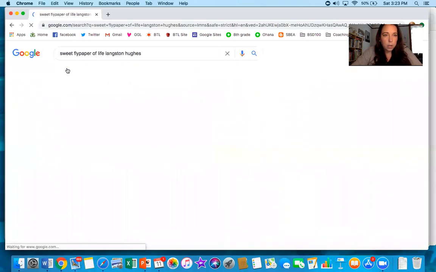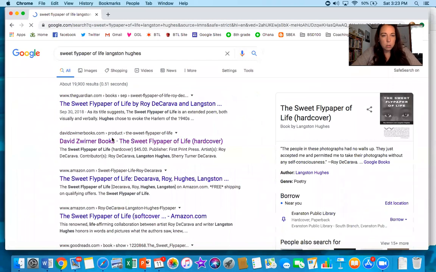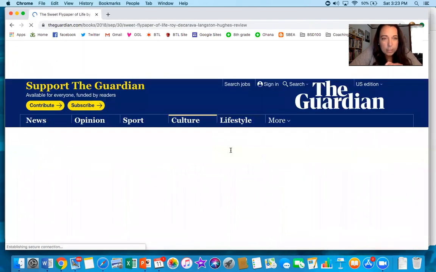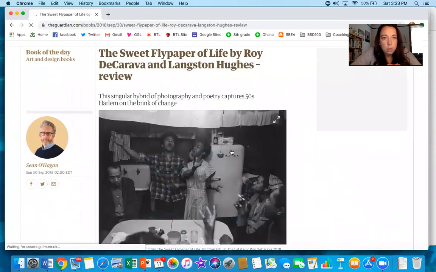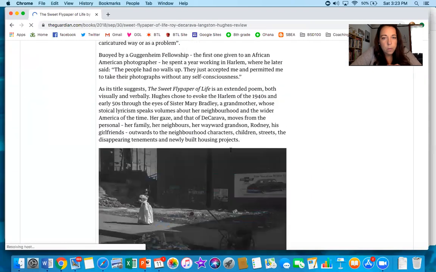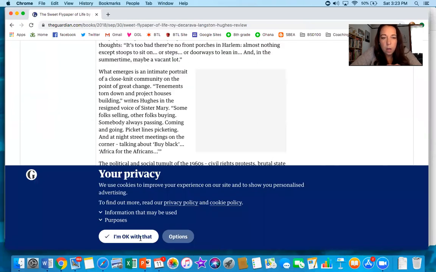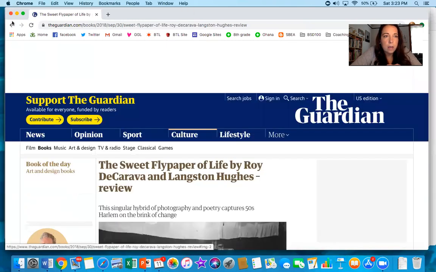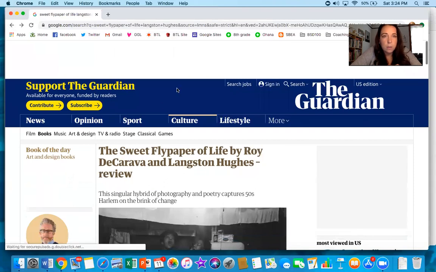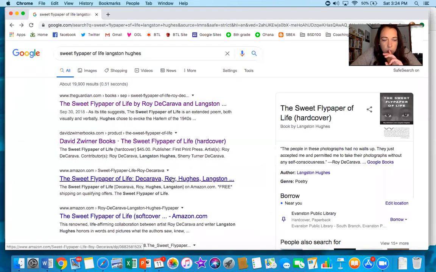And go back over here. The Sweet Fly Paper of Life by Roy DeCarava and Langston Hughes. Looks like it's some kind of poem. This side is probably describing it. Maybe this is it here, but it sounds like this is another poem that he wrote.